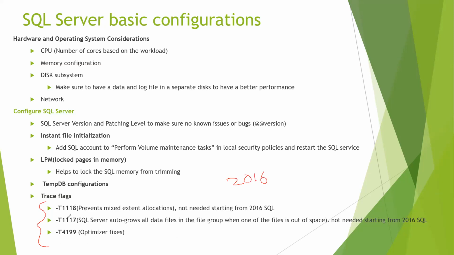But yeah, just worth noting, like 3118 and 3117, I see that still even in 2019. I noticed that a few of the customers or a few of the users are still using these trace flags as a best practice that they follow, right?